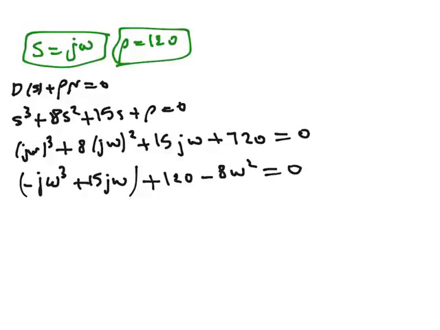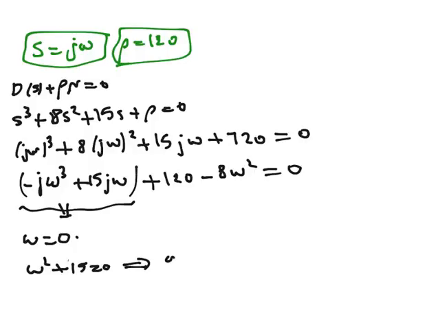Since it's a complex value, we should have each part equal to 0. From here, either omega is equal to 0, which is a solution for the imaginary part but not for the real part, so this is not acceptable, or we need omega^2 plus 15 equal to 0 in the imaginary part's factor, so omega will be equal to square root of 15.